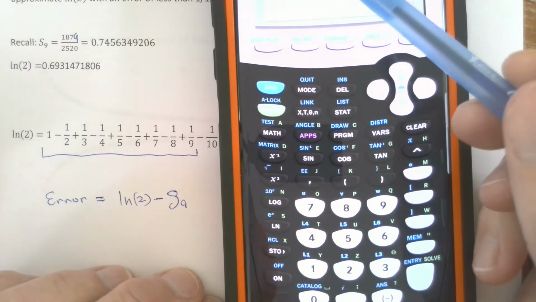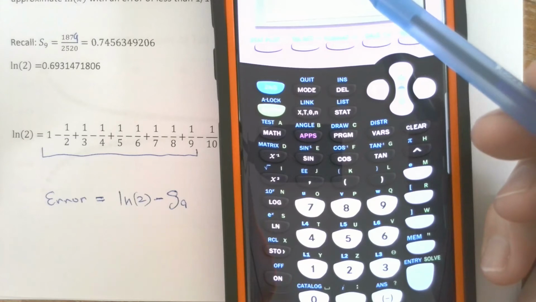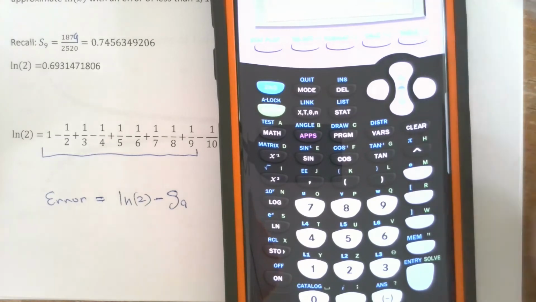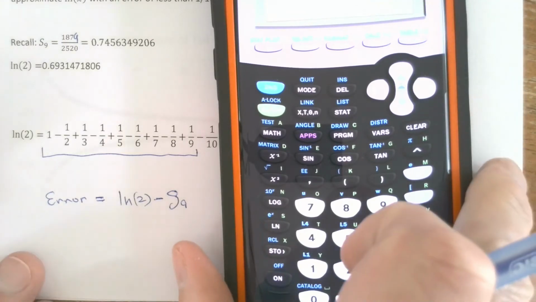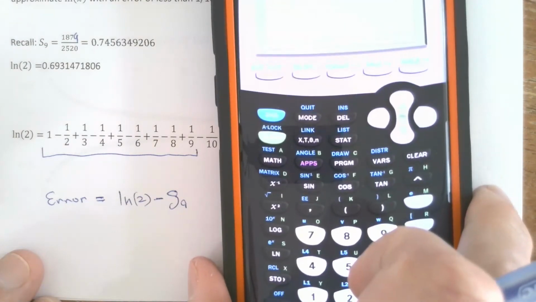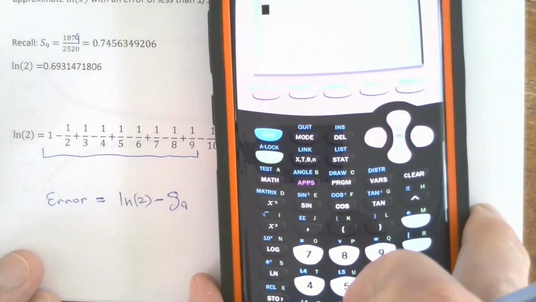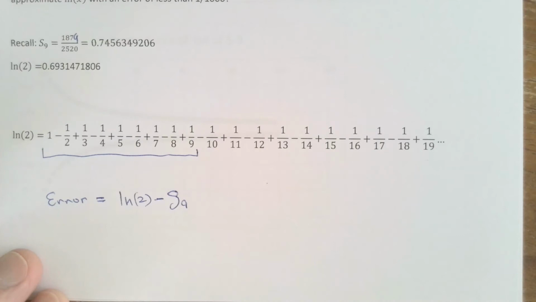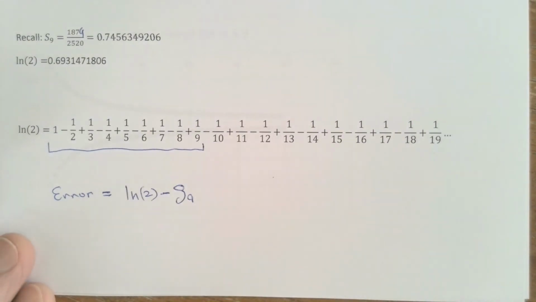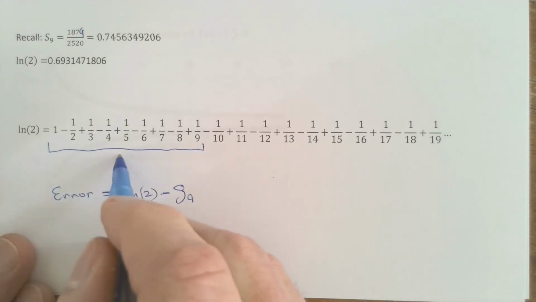I'm not quite interested in exactly what the error is. I would like to know, is there a way to put an upper bound on the error and say my answer can't be any farther off than this upper bound? To see what that is, all you have to do is understand what's going on here. This is S9 here, right?